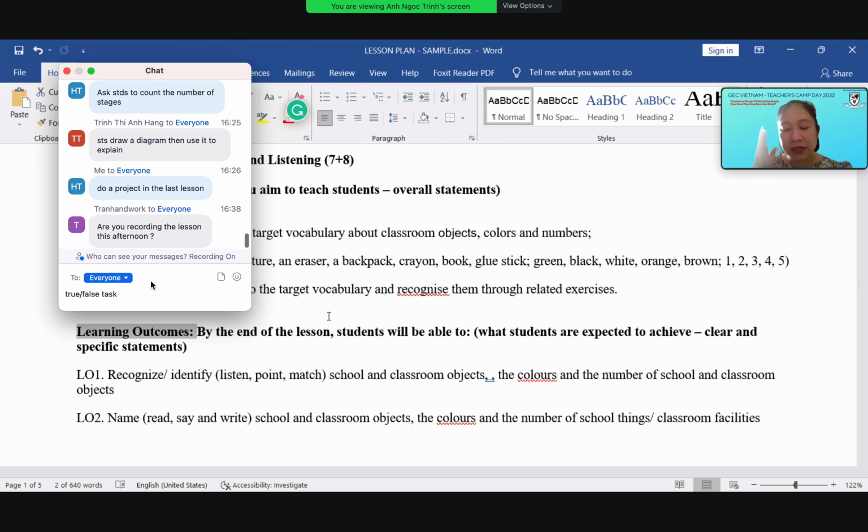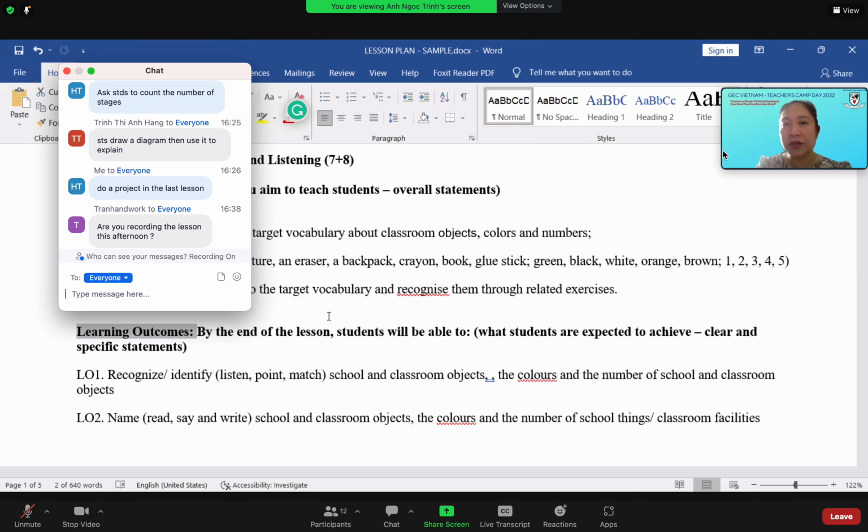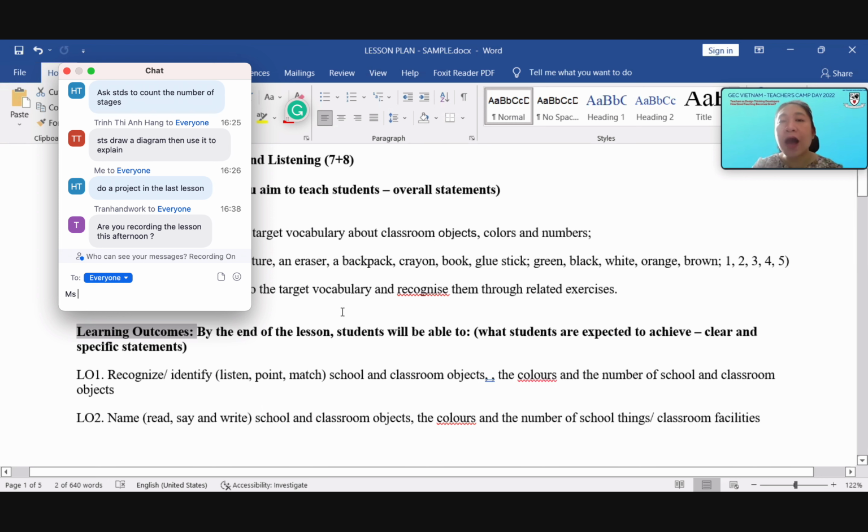Even if you come with a content-centered design or forward design, you can develop design thinking as well, because you have to imagine what's happening in your classroom, what to do next if you have a problem, and what you have to change if something unexpected happens.